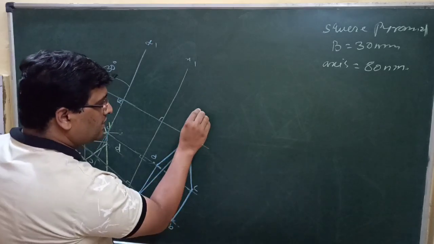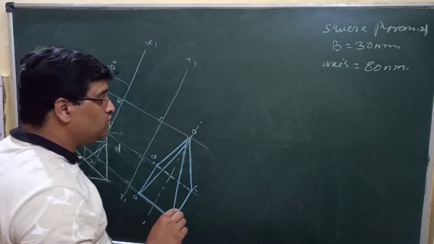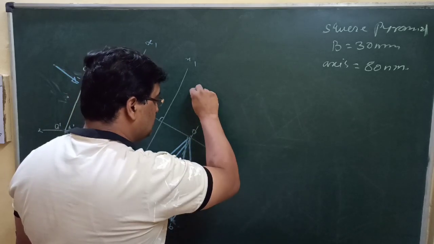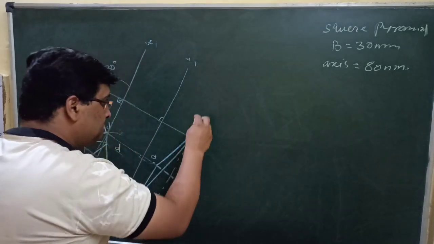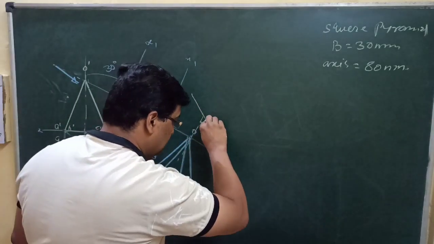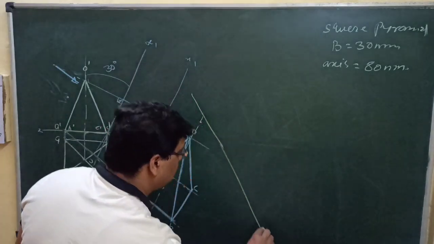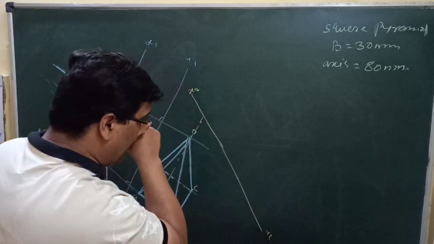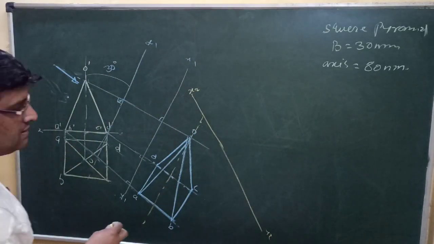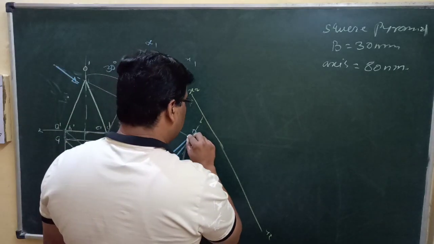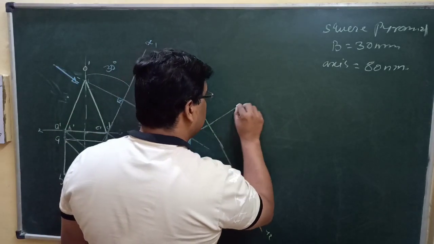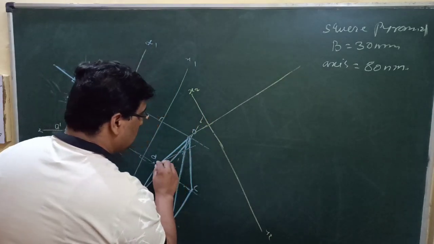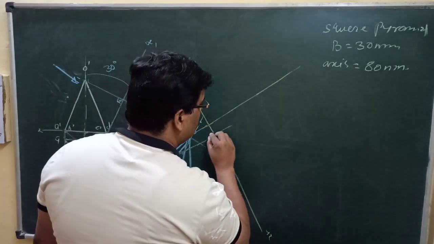So we have to take another axis x2 y2, which must have a 45 degree angle with this axis. So we can draw here, say, this is x2 y2. This is now the new axis. Again draw perpendicular lines on this line from all the points which are to be drawn.